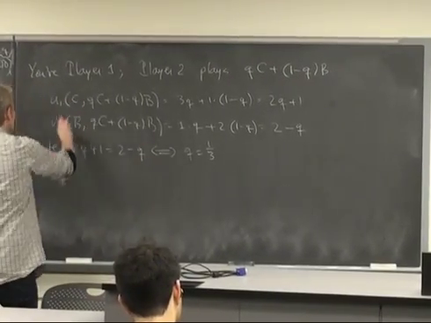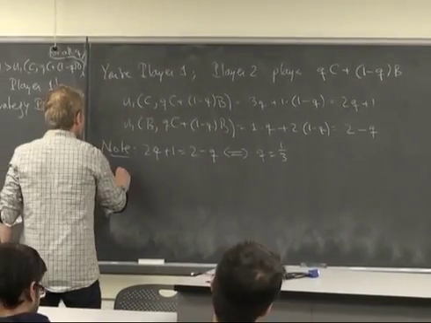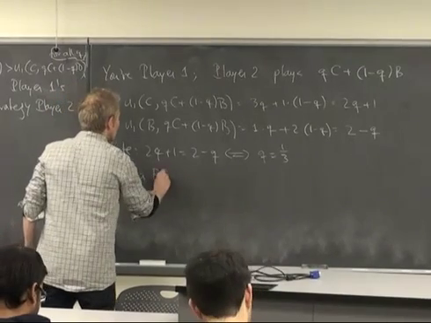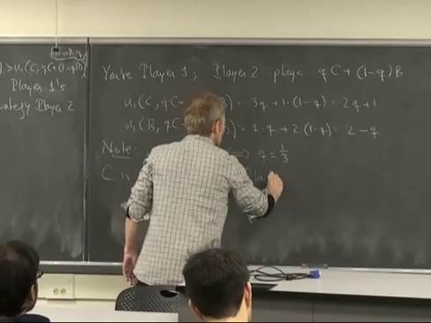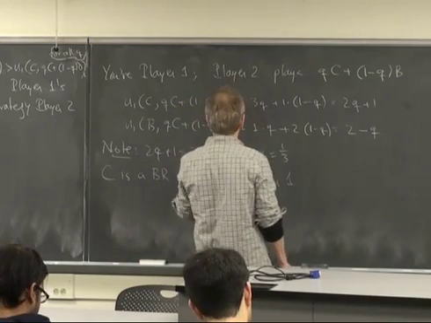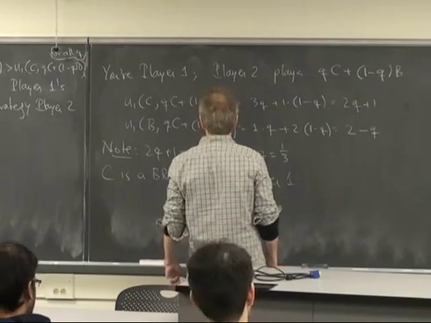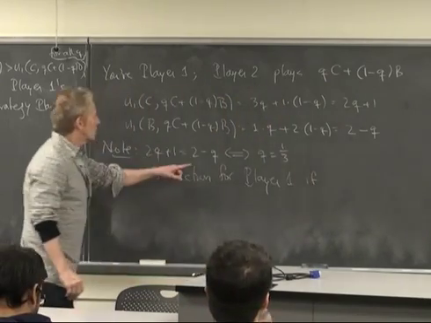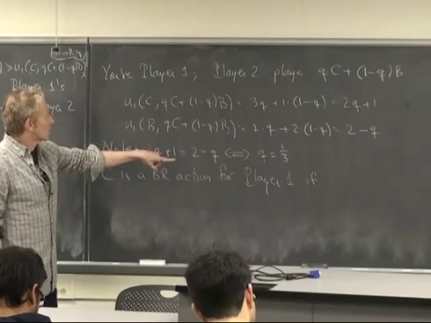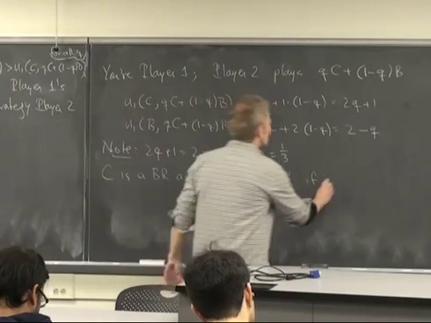And you can look at these things and you can see that C is a best reply action for player 1 against that strategy for player 2 if Q is bigger than or equal to 1/3.